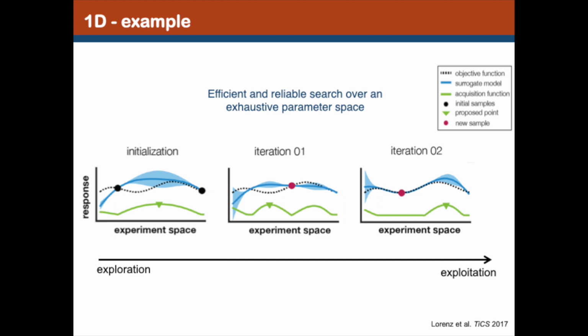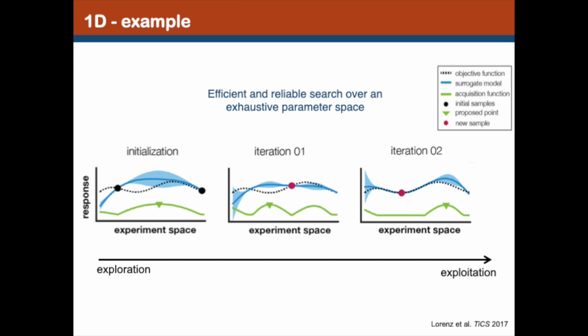And then you have your acquisition function. What it's trying to do is to decide what is the best next point to explore in this space. The acquisition function wants to maximize your objective function, so it's thinking, okay, what is the most informative point that I can acquire to map this space? These are the pink dots here.